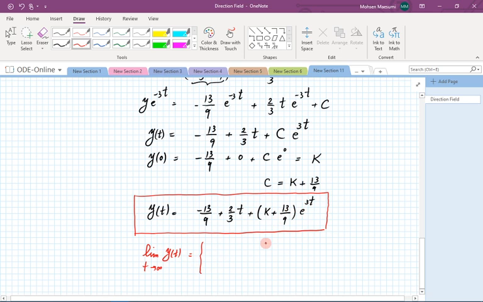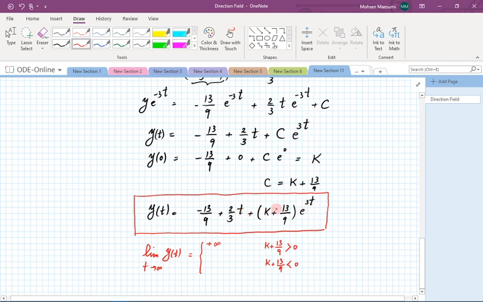If k plus 13/9 is positive, then I have positive infinity dominating everything else. My limit is plus infinity. If k plus 13/9 is negative, it doesn't matter what this factor is doing, because exponential is much bigger than linear.